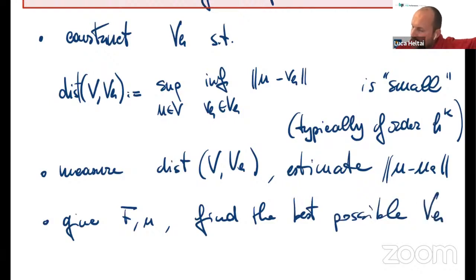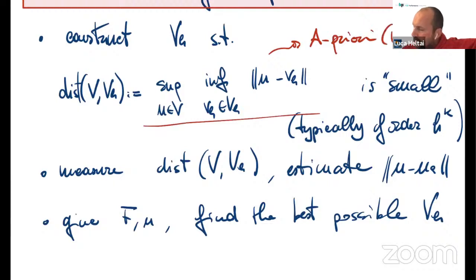Okay, so in some sense, the analysis that we have here is an a priori analysis, and it gives you the worst estimate, the worst case scenario. Okay, so this is worst case. Instead, here, given f and u, find the best possible V_h. This is the a posteriori scenario.